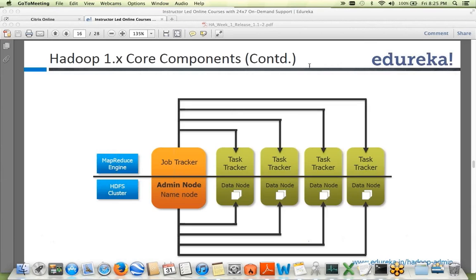There's a maximum limit, for example on every task tracker you can run 5 mappers and 3 reducers. Based on your different kinds of hardware, you will define these limitations on your machines. A machine that has 10 cores, you will say maybe 7 mappers, 3 reducers. A machine that has 6 cores, you will say 4 mappers, 2 reducers.